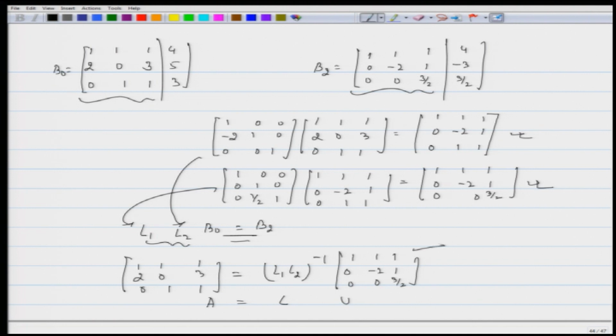You can see that this is upper triangular, all right, and L is nothing but inverse of L 1 L 2. L 1 is lower triangular, L 2 is lower triangular. So, their product is lower triangular, and hence L is lower triangular for us. So, we have been able to write A as LU. Is that okay? So, in general, there is a way of doing these things. What are the conditions and so on, that will come in the next class. Thank you.